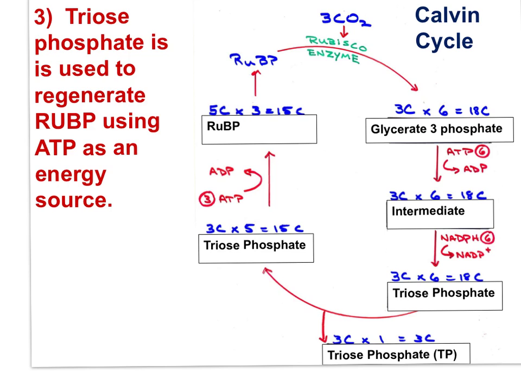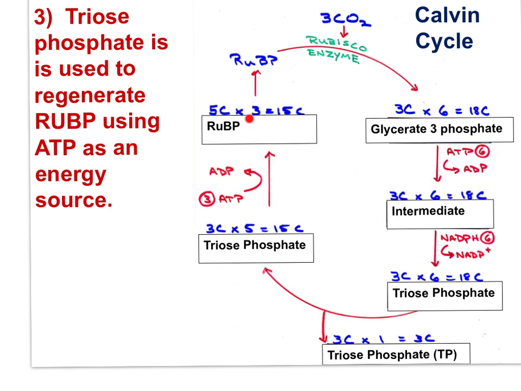Triose phosphate is a 3-carbon carbohydrate, but it is easily synthesized to form a 6-carbon glucose. From here, all that's left to complete the cycle is to reform RUBP.